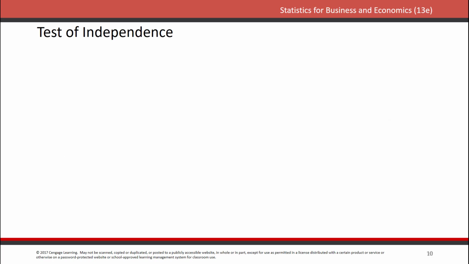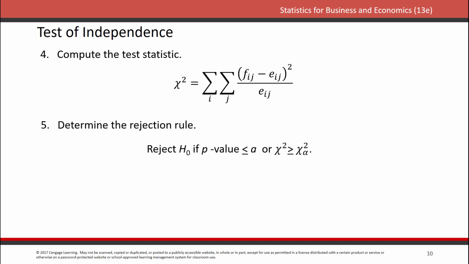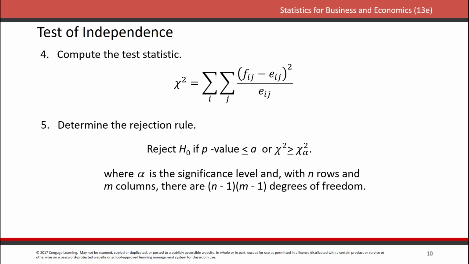And notice the test statistic looks exactly the same as the last one. And then, of course, we have the same thing where we reject the null if the p is low or if our test statistic is greater than our critical value.